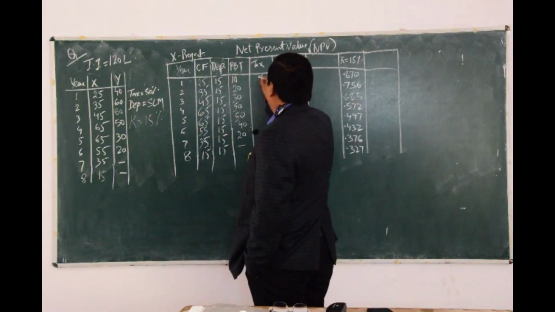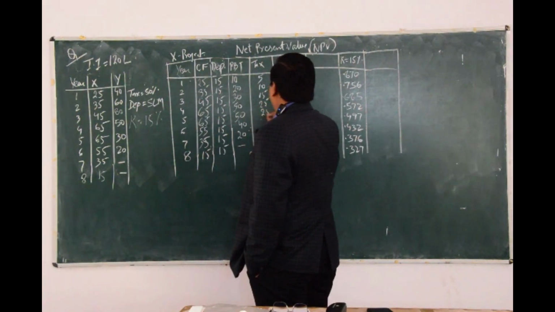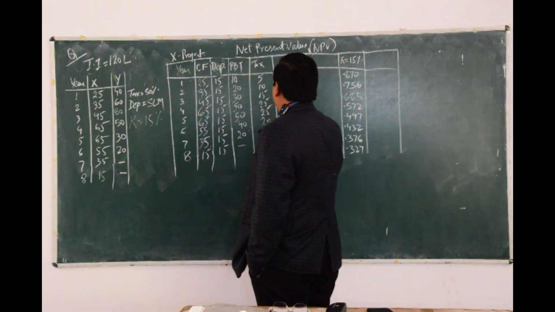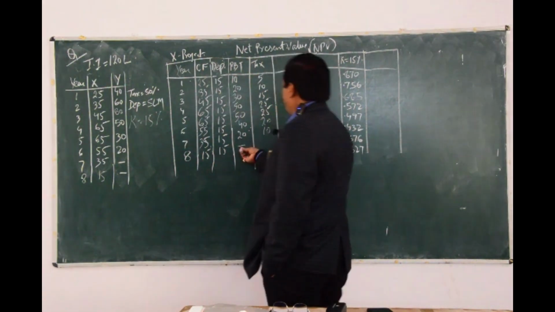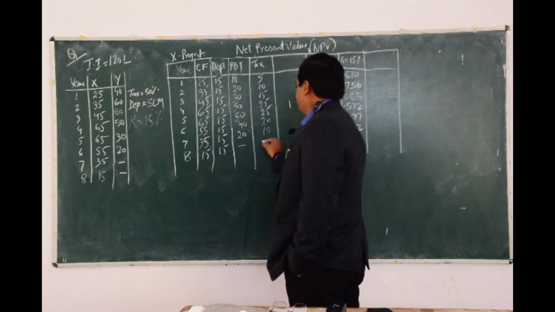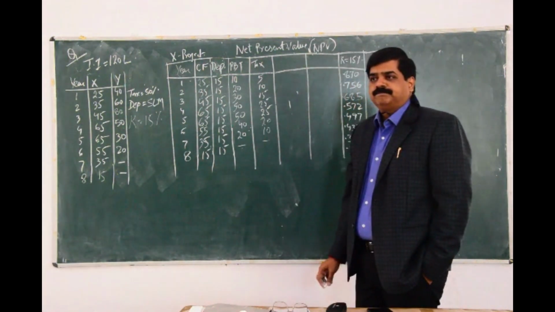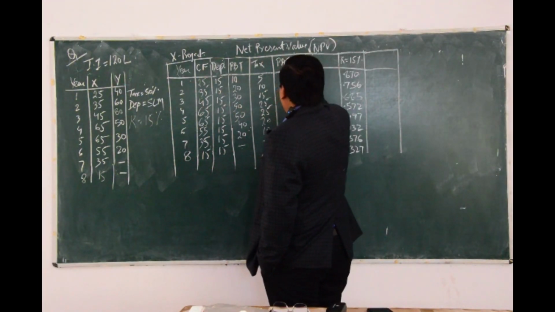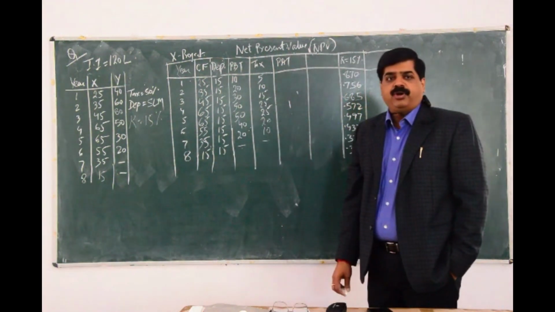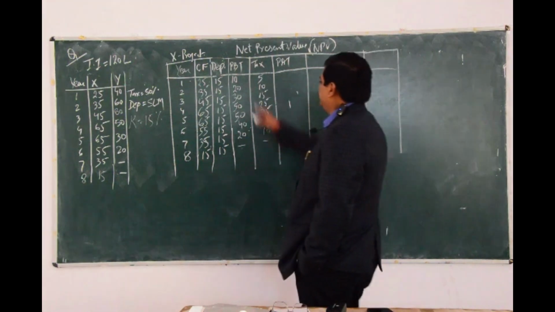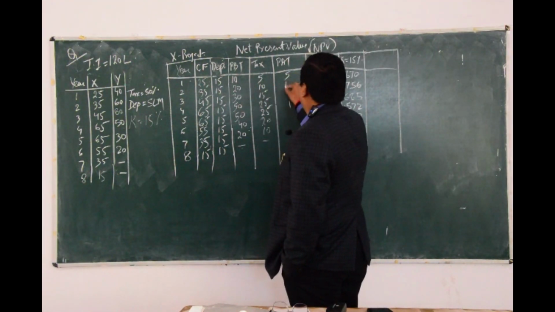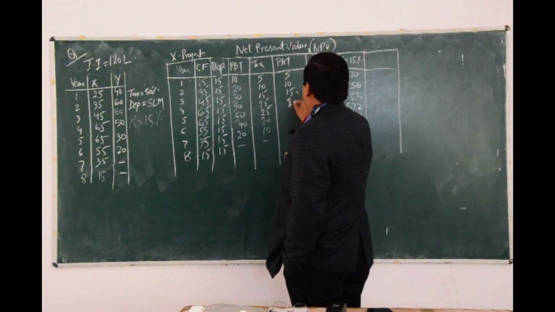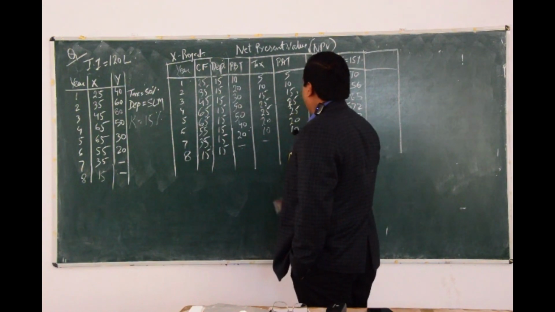That means tax is 5, 10, 15, 25, again 25, 20, 10, and there is no PBT, so no tax. Now, profit after tax. That means 10 minus 5 is 5. Again 10, 15, 25, 25, 20, 10, and 0.